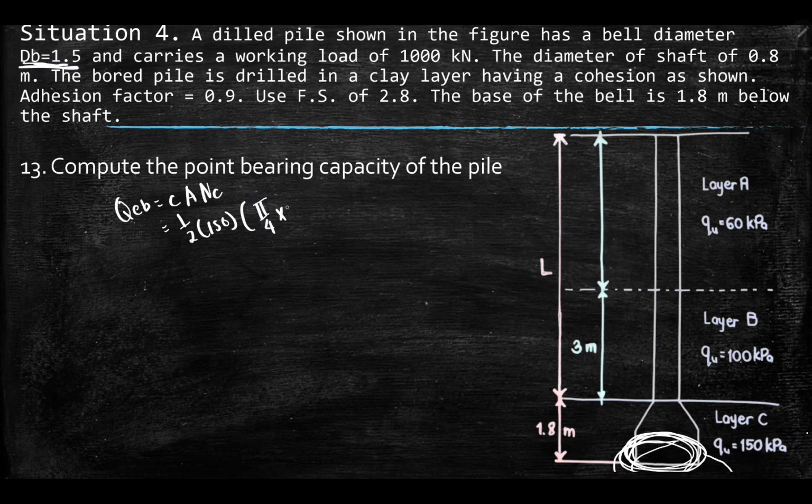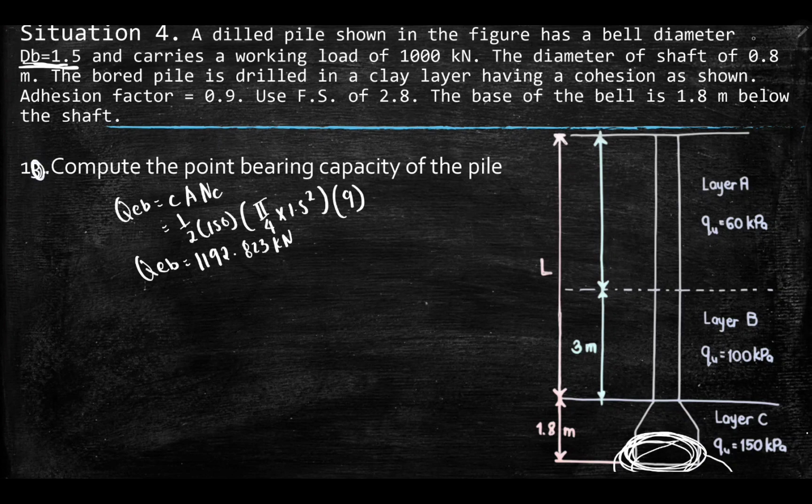So pi over 4 times 1.5 squared times the bearing capacity factor, since hindi given, ang gagamitin natin dyan is 9. Therefore, our end bearing capacity of the pile or the point bearing capacity of the pile is 1192.823 kilonewton. Okay, this is our answer for question number 10. Question number 10 pa lang tayo.